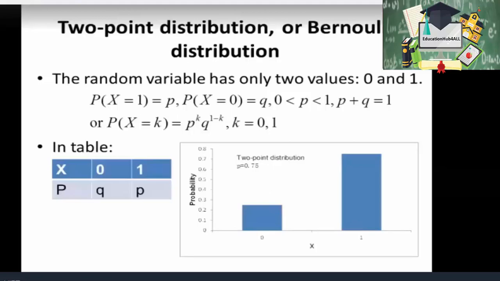If you play a game, every time you win, it's this kind of distribution. Of course, the probability you win is very low. It's not 0.5.